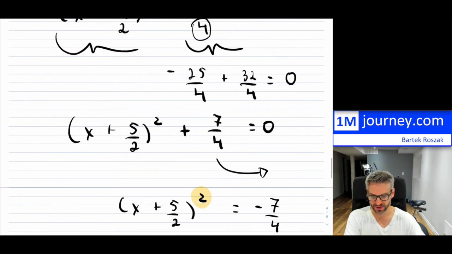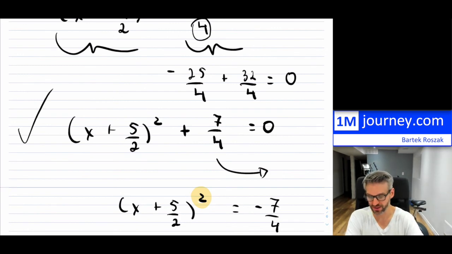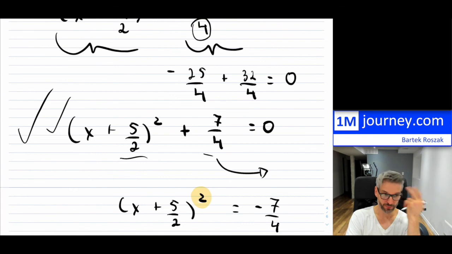So we can see what the x-intercept is. We know that it opens upwards because it's positive, but we have no solution. And that's how you use completing the square to solve these equations. You can do it in 3 different ways. Factoring, if it works.